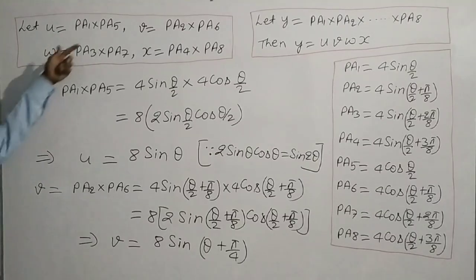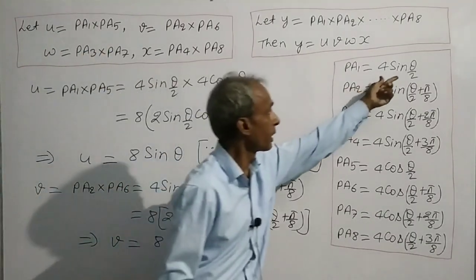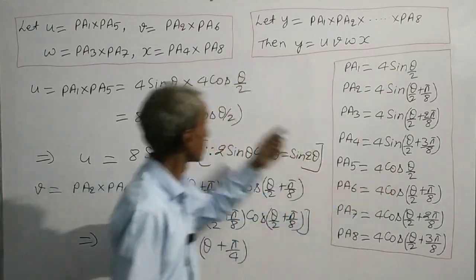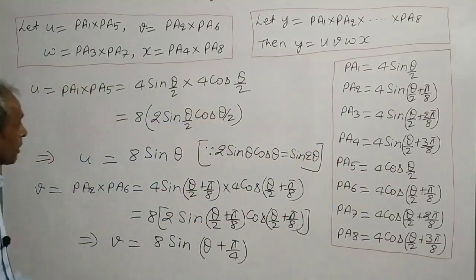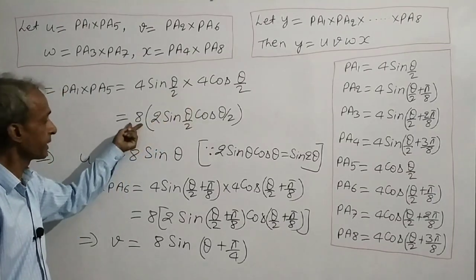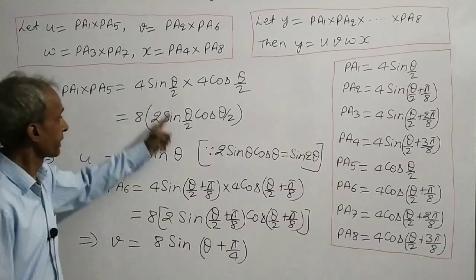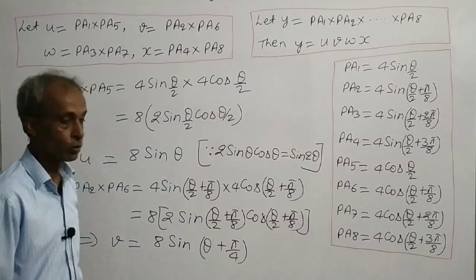U is equal to PA1 times PA5, that is equal to this times this. 4 times 4, 16. We write 8 here and write 2 inside the bracket. Sin theta by 2, cos theta by 2.